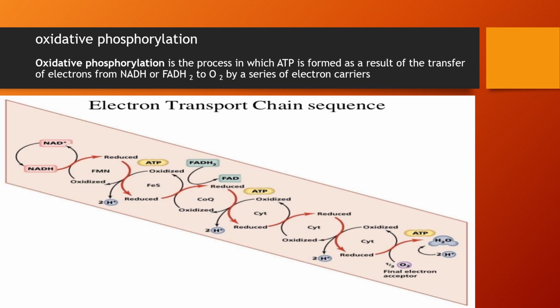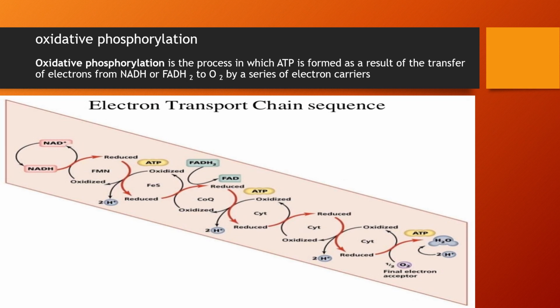You can observe here in this yellow mark, that ATP is synthesized when the electrons are transferred from FMN to the cytochrome at this stage. So the FMN transfers the electron to the cytochrome, ATP is synthesized here, ATP is synthesized again, and ATP is synthesized here. The production of the ATP molecule along the electron transport chain is called oxidative phosphorylation.